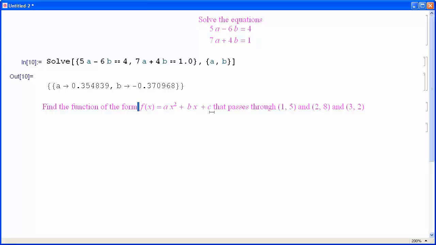That is a situation where we want a function to go through points. So we have to substitute the points into the function to create a balance, and we have, in this case, three unknowns in the equation. We have in the function a, b, and c, and so we have to use the 3 points to generate solutions to the three unknown parameters.